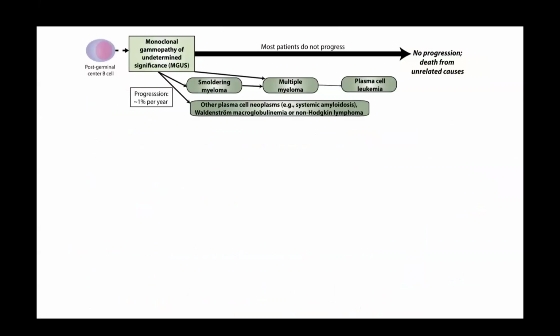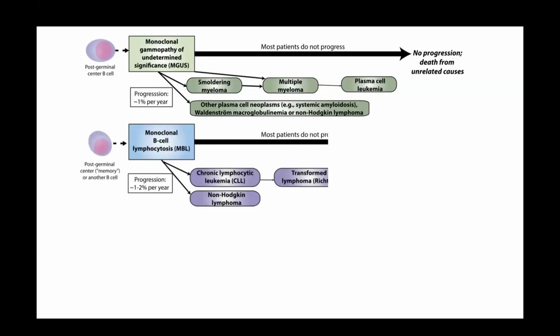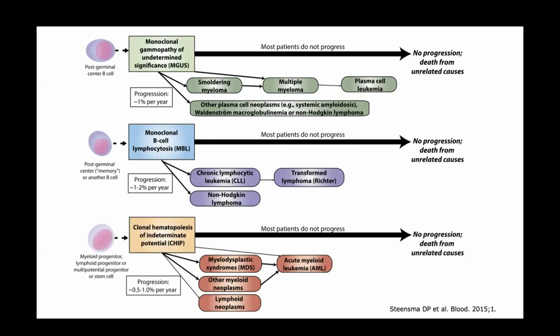Just to expand upon the analogy I alluded to before, if you look at patients with MGUS or monoclonal gammopathy of undetermined significance, yes, they may progress, but they only progress at about 1% a year. And in general, most patients do not progress, and they die from unrelated causes. A similar analogy is monoclonal B-cell lymphocytosis, which progresses to CLL in 1 to 2% of patients per year. The majority of patients do not progress, and death is from unrelated causes.